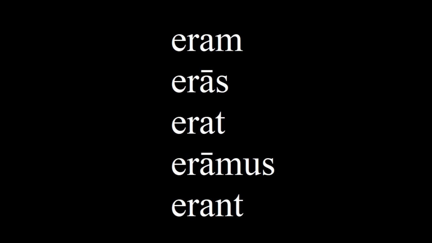So it's eram, eras, erat, eramus, erant. This is much easier than the present tense, where we had sum and sumus and so forth. The imperfect of to be is used for descriptions, because we consider that they continue over a period of time or into the present, and hence are incomplete.